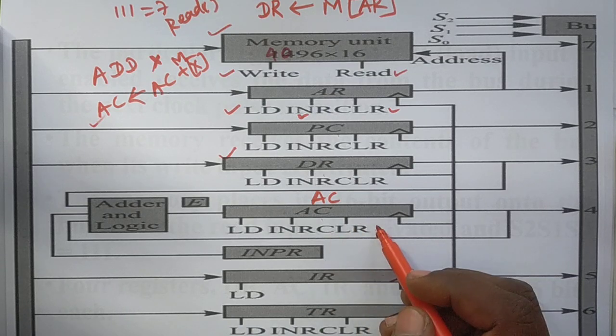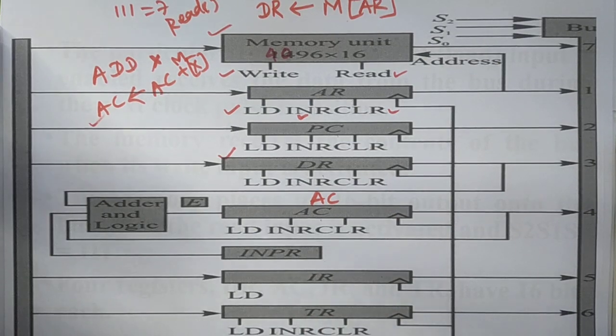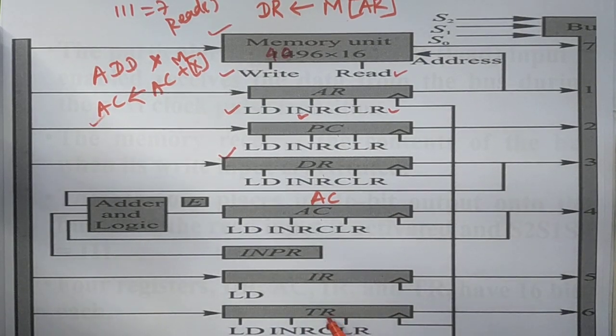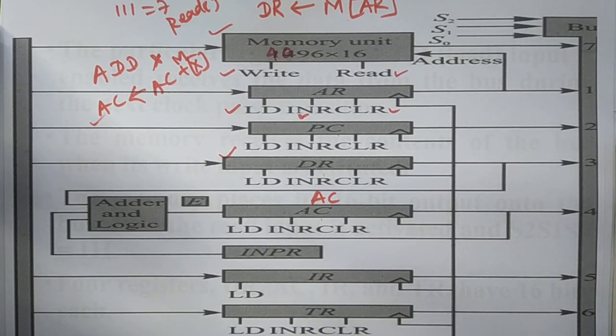Sometimes a temporary register, the TR register, also keeps some data, stored from memory or elsewhere. This is the basic concept whenever we design this common bus system.